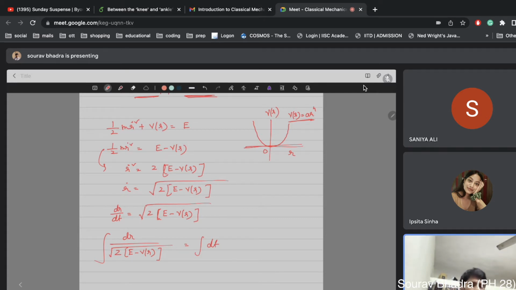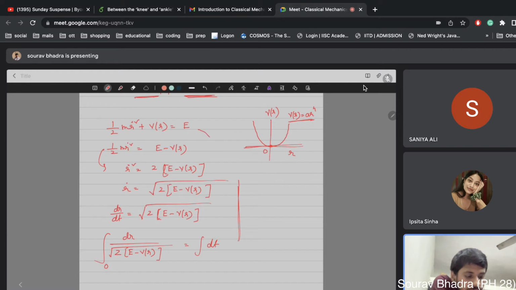Now let us take the lower limit of r as 0, which is this position. So what will be the maximum value, I mean the upper limit of r?